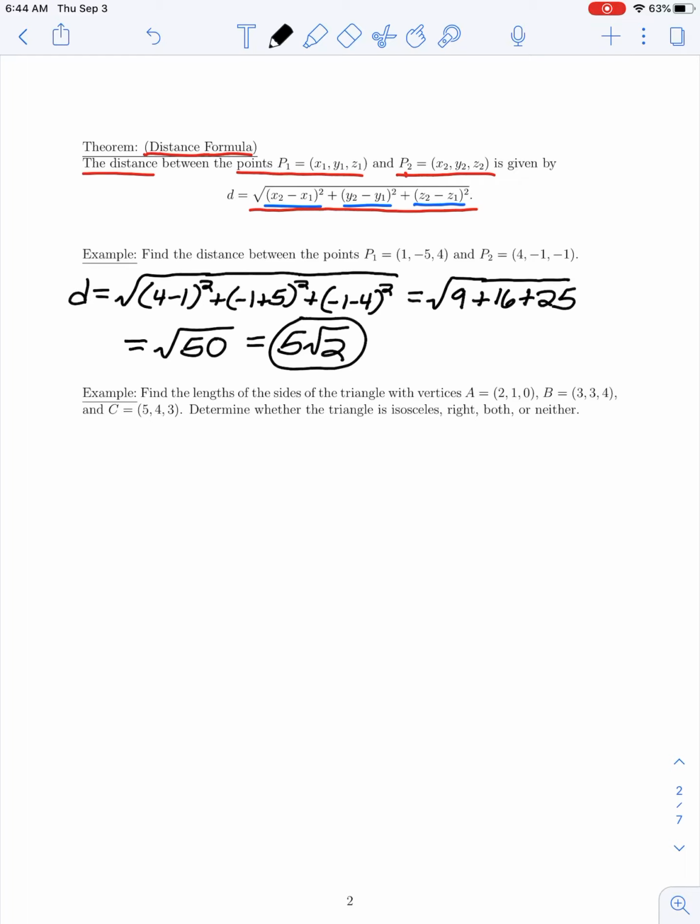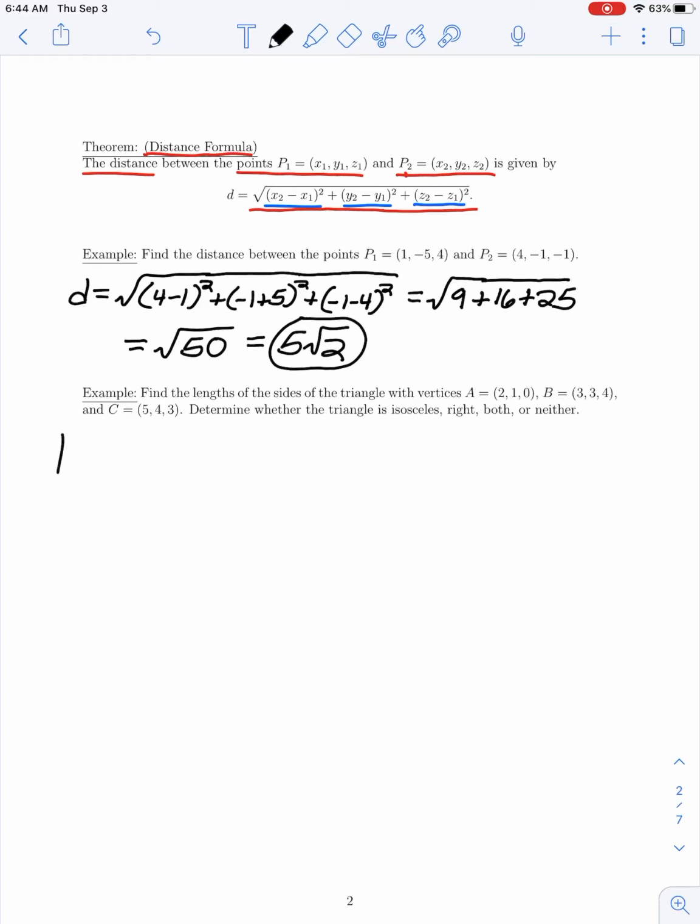And then we're supposed to determine whether that triangle is isosceles, right, both, or neither. So let's start by determining the distances between these points, which will give us the lengths of the edges of this triangle. So we'll start with the distance between the points A and B.